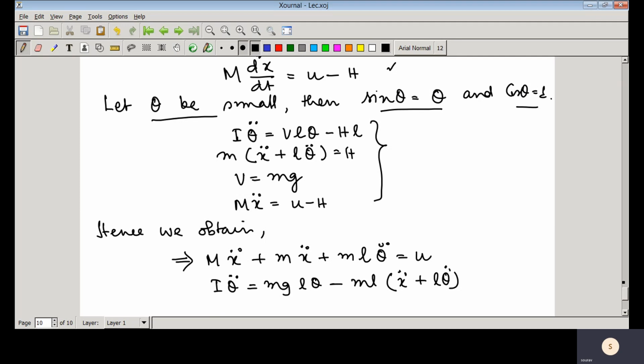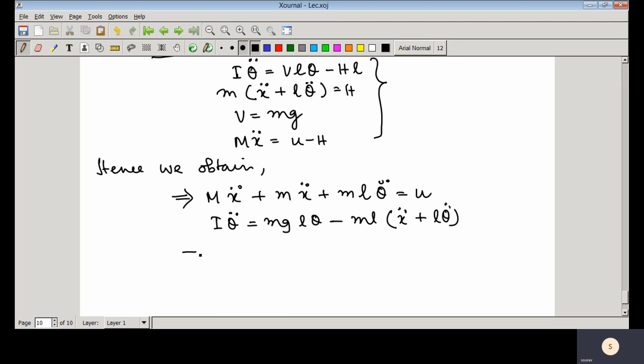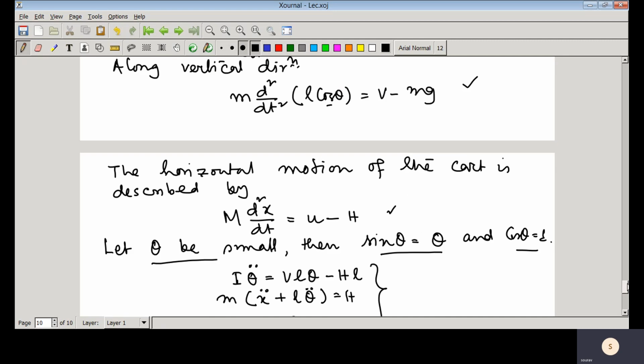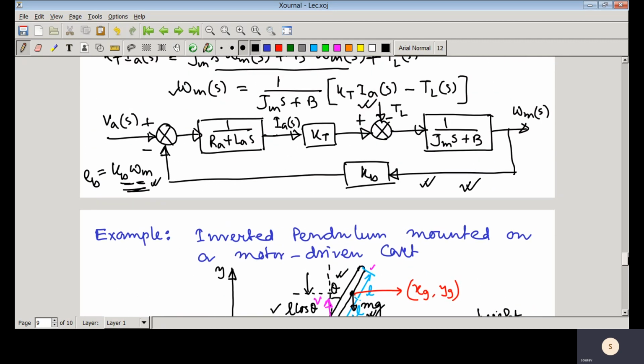By simplification we get another dynamical equation, that is (I plus ml square) theta double dot plus ml x double dot equal to mgl theta. These are the differential equations that you would have, and this is the model of an inverted pendulum system on a cart.